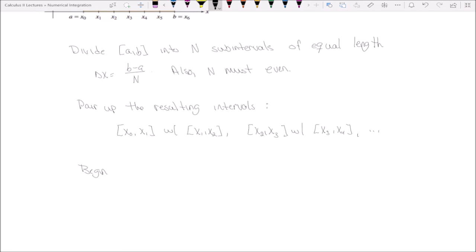We begin with the pair of intervals negative delta x to 0 and 0 to delta x, centered around the origin.